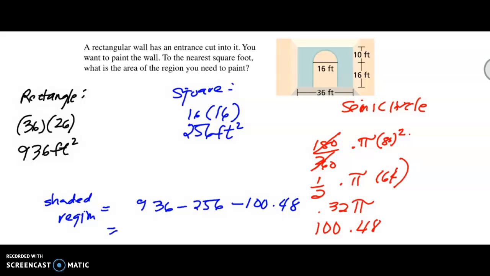So the total would be 579.52 feet squared, or rounded to 579.5.